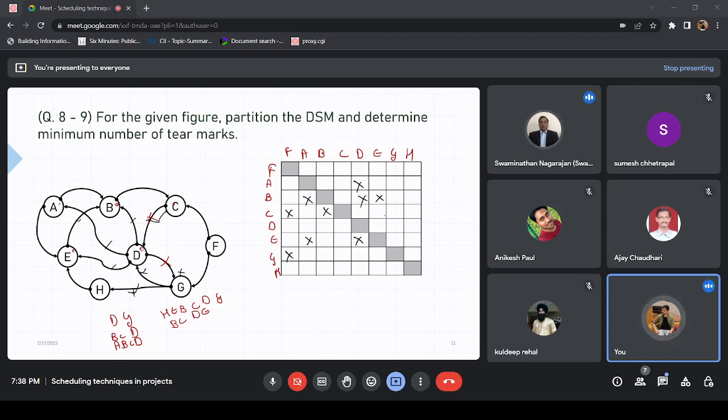G gives information to D and H. And H gives information to E. Now that we have got this with 2 tier marks, I'll just put ticks for those tier marks. C gives information to D, we assumed that, and D gives information to G.